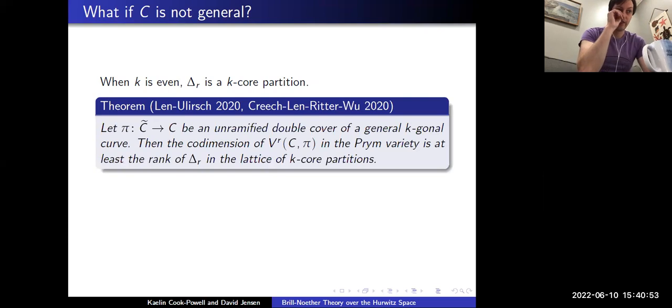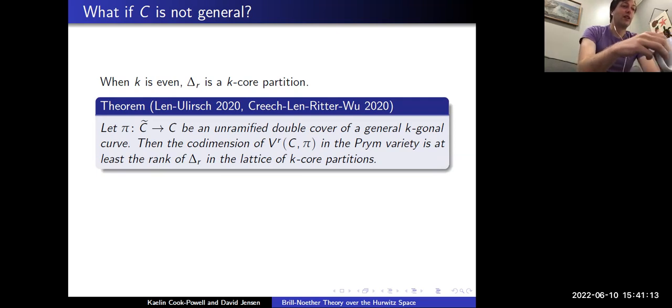And so here's a theorem due to, well, all the authors on the screen. So Yoav and Martin, and also Yoav and Creech, Ritter, and Wu.